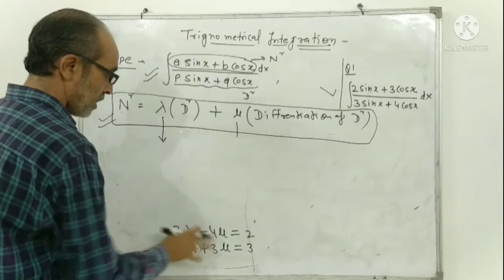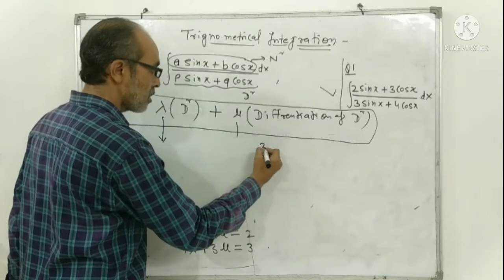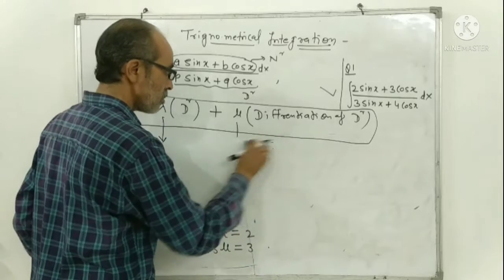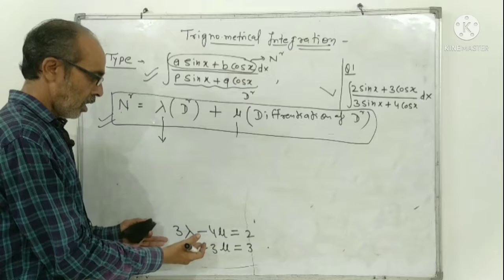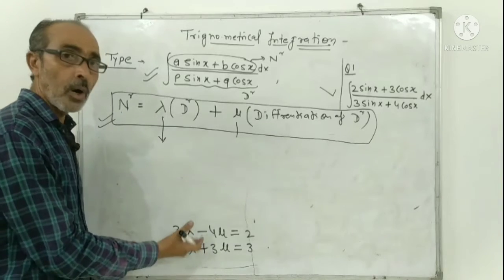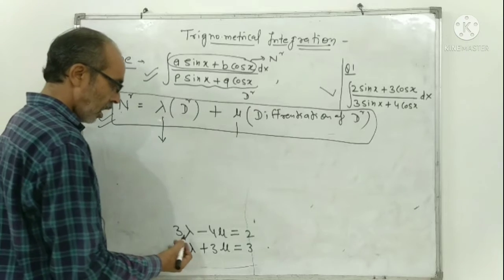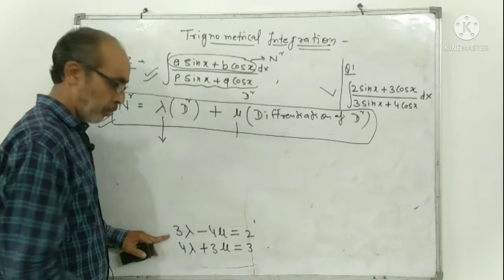Yes, we can solve these linear equations by any method. We solve by elimination of a variable. So I multiply the first equation by 3 and the second by 4.